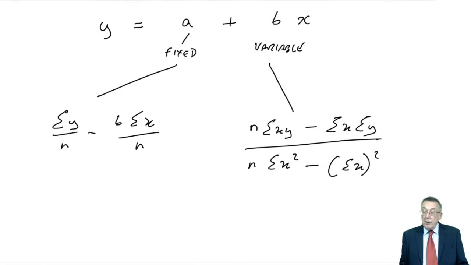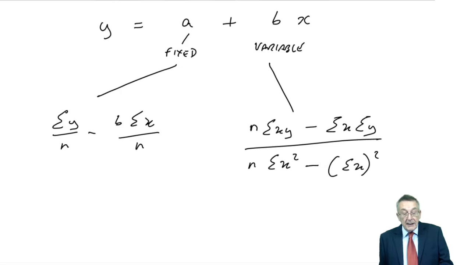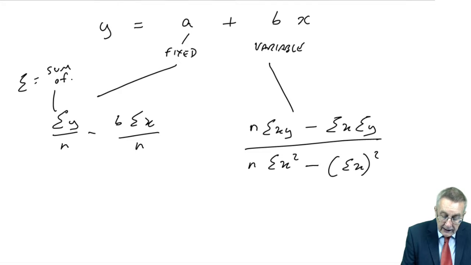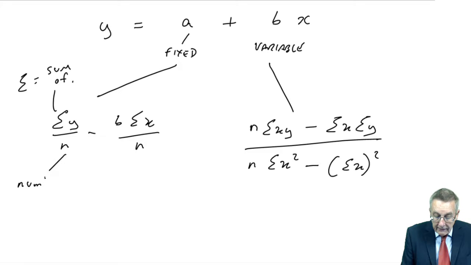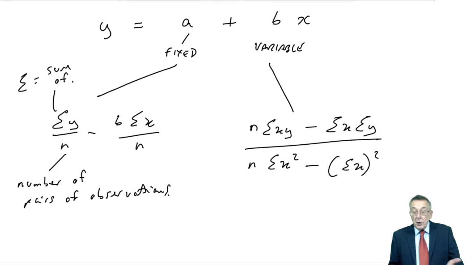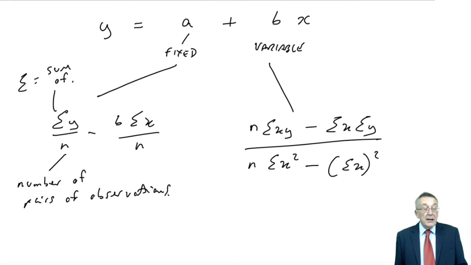Now, it's better seen with numbers, and I'm about to, but sigma means sum of, as you're going to see. n is the number of pairs of observations. Now then, rather than talk through a formula blind, let's look at an exercise.